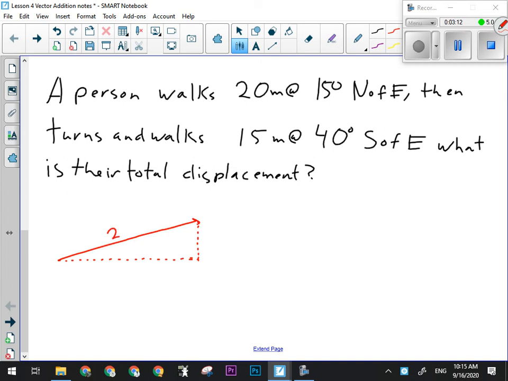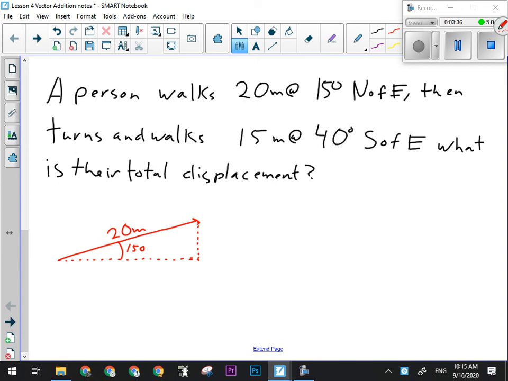All right, so this is 20 meters long, and this angle here is 15 degrees. Again, at least it's somewhat to scale. That's maybe not exactly 15 degrees, but I'm sure it's close enough. When I walk along this 20-meter vector, I go somewhat east and somewhat north.